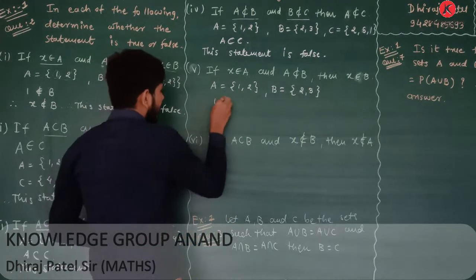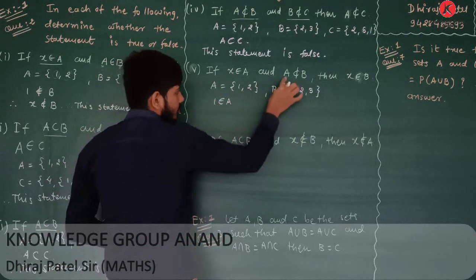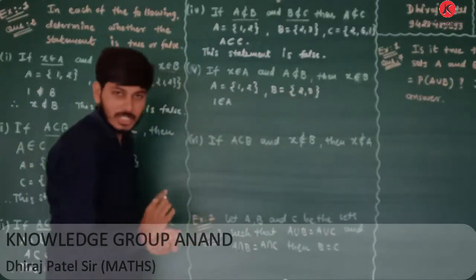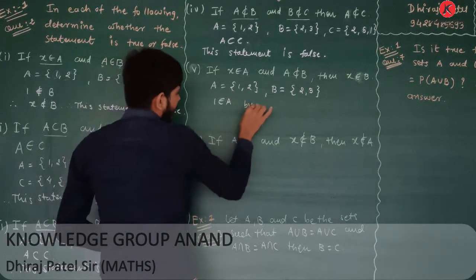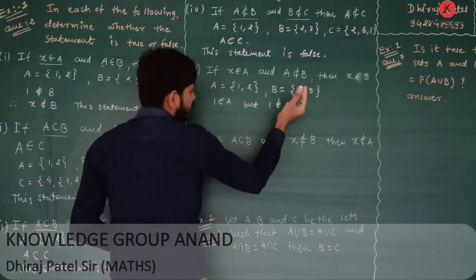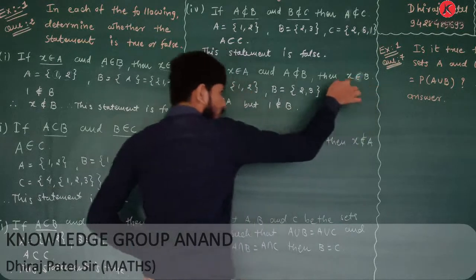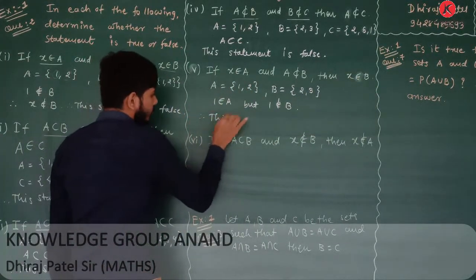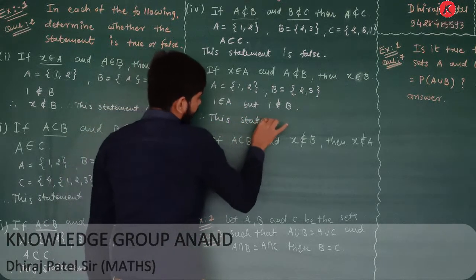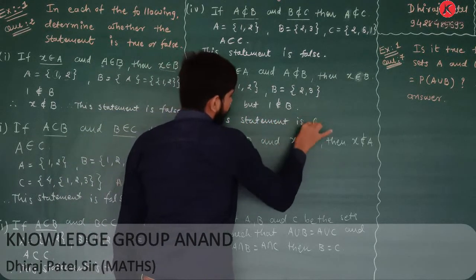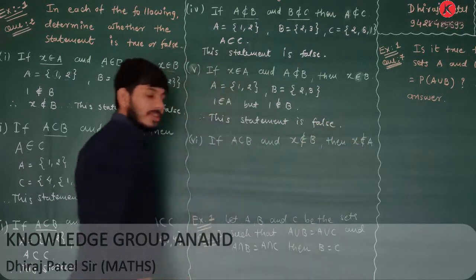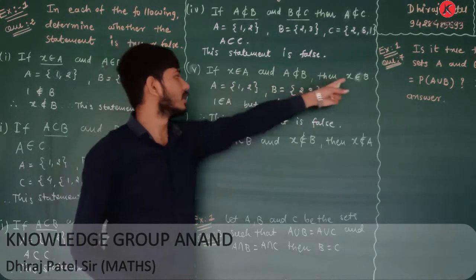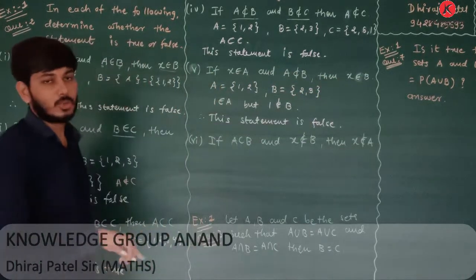So here 1 belongs to A. Now 1 is not in B, so this condition is satisfied, but 1 does not belong to B. Here 1 belongs to B should happen, but it does not. That means this statement is also false. Okay? This statement is false. You have to check it out this way. All elements of A should be in B, and x belongs to A and x belongs to B should hold, but that does not happen.